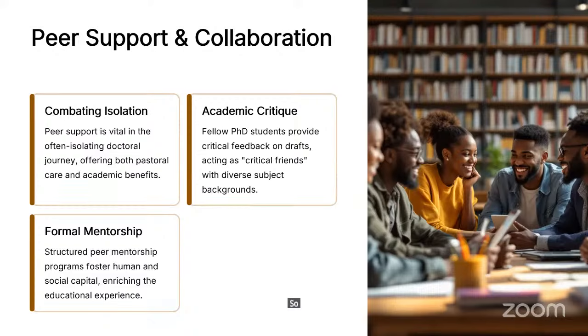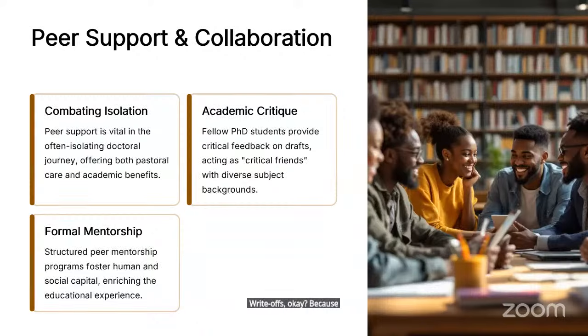So in terms of our research topic, our research ideas, our peers can also provide invaluable input into whatever we are developing. Again, it's also another avenue for you as fellow doctoral candidates to provide critical feedback on others' write-ups, okay?